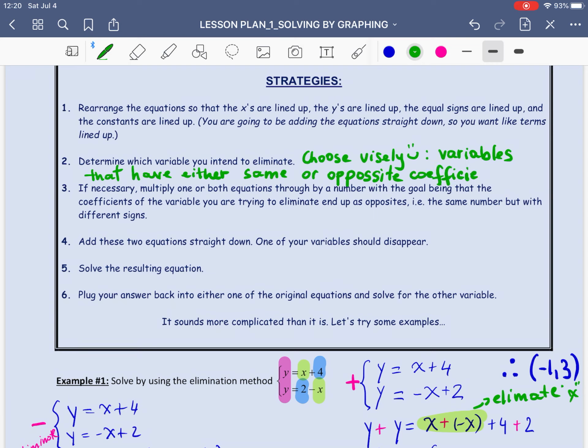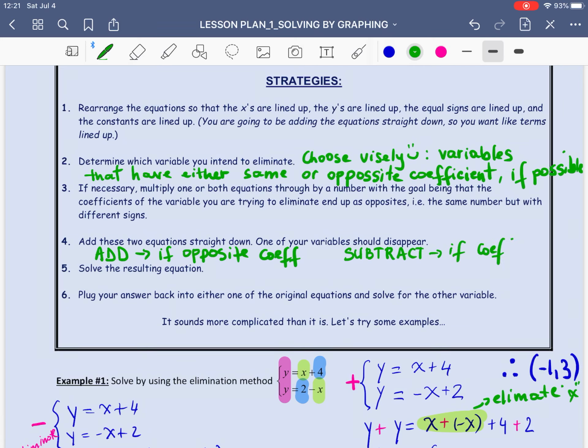And then we have to make a decision. We have to add or we have to subtract the equations, okay? So we're going to say that we need to add if the coefficients are opposite and we want to subtract if the coefficients are same.